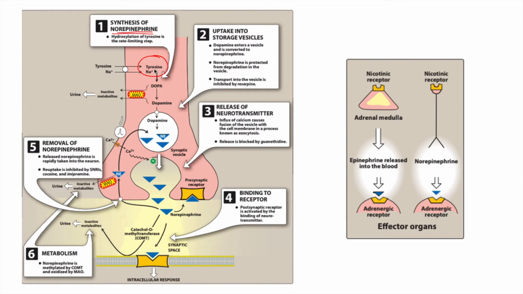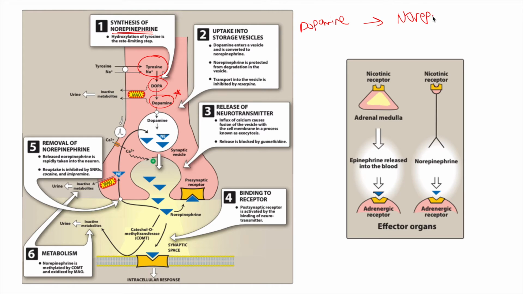So first of all, there is a molecule named tyrosine that enters this axon using the sodium pump, and tyrosine then gets hydroxylated into what is called dopa, and dopa then gets converted into dopamine, a word we know, right? Did we know that dopamine was the precursor to norepinephrine?